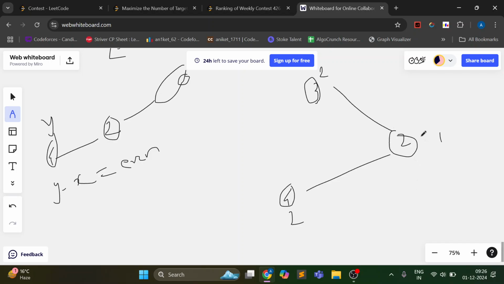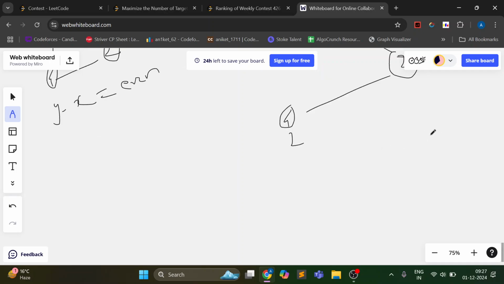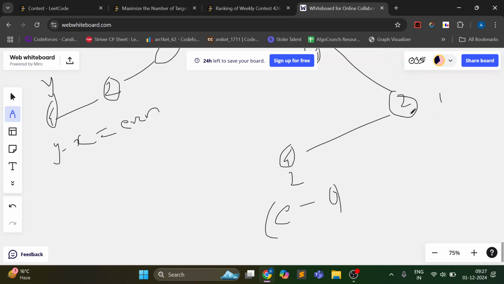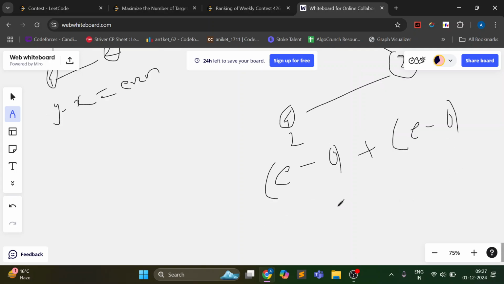If their connection point is a node which has an odd level, then the number of edges from one node to that common node would be even minus odd, plus from the other node also even minus odd.